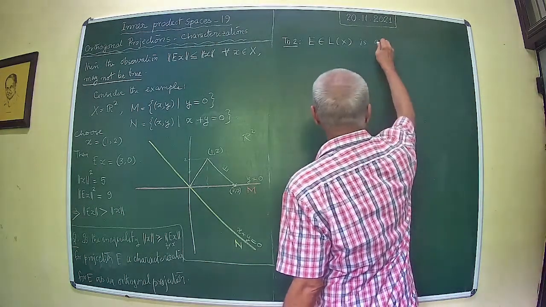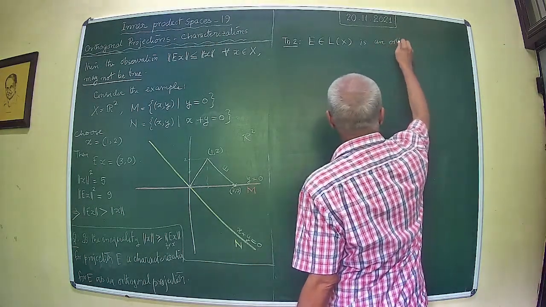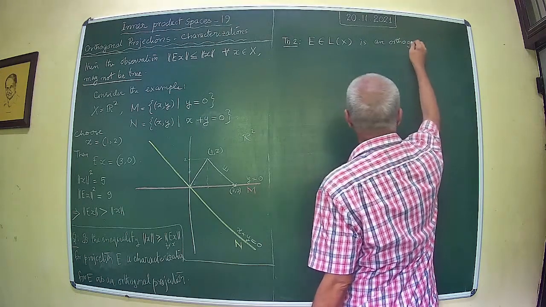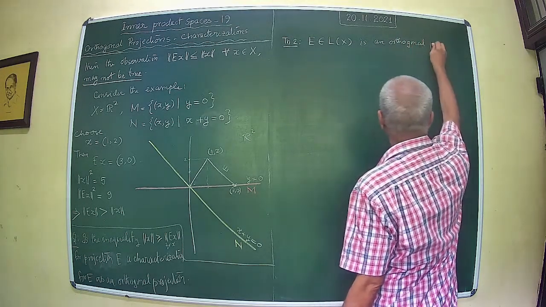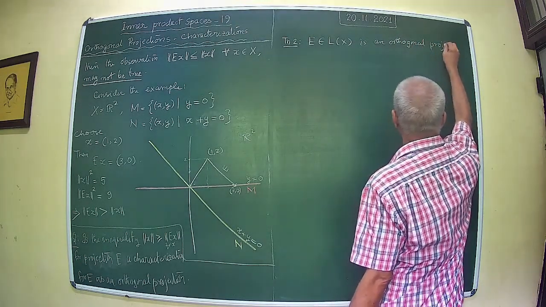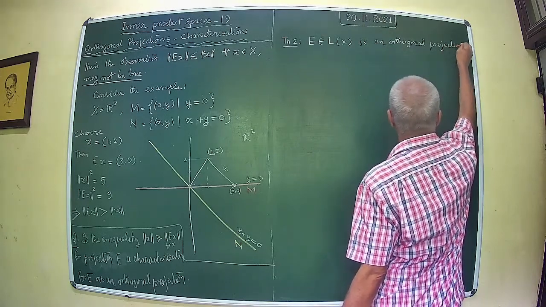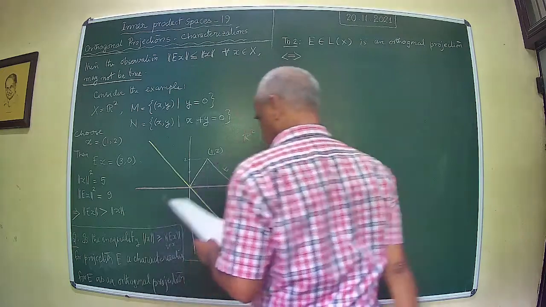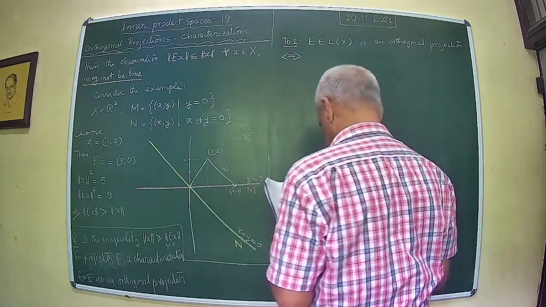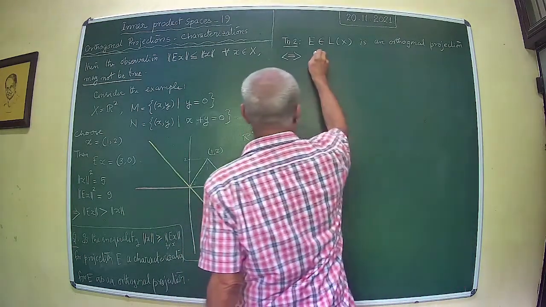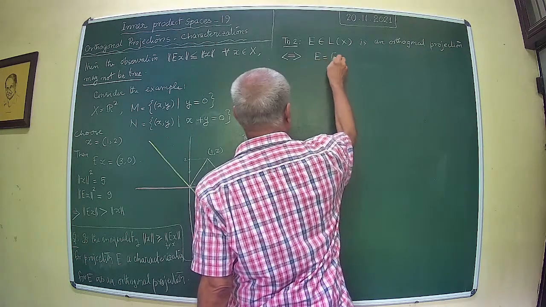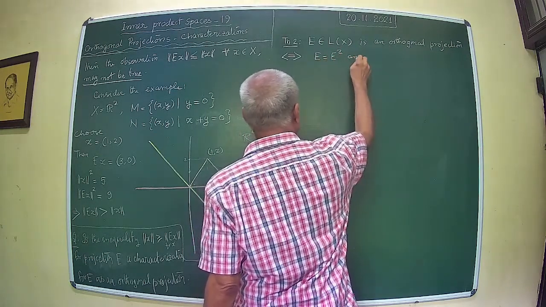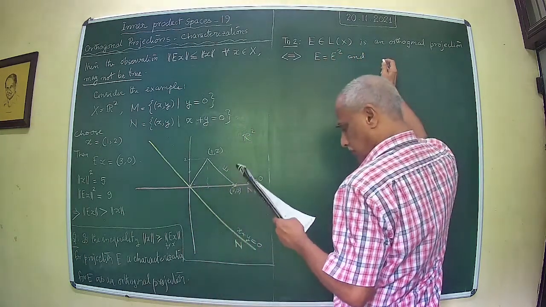E is an orthogonal projection if and only if E equals E square and norm of Ex is less than or equal to norm of x.